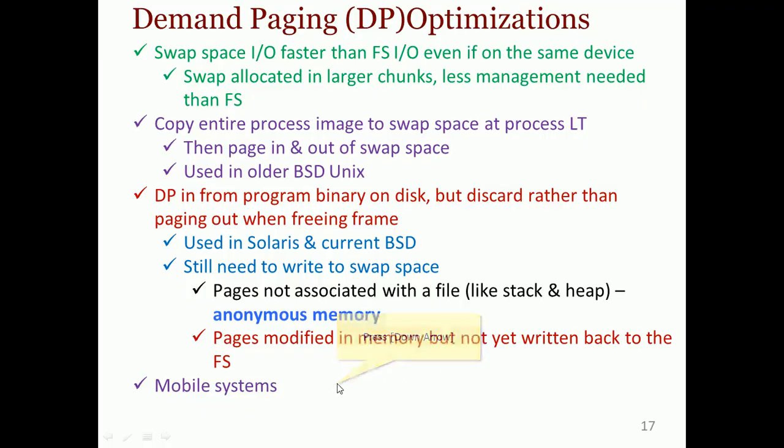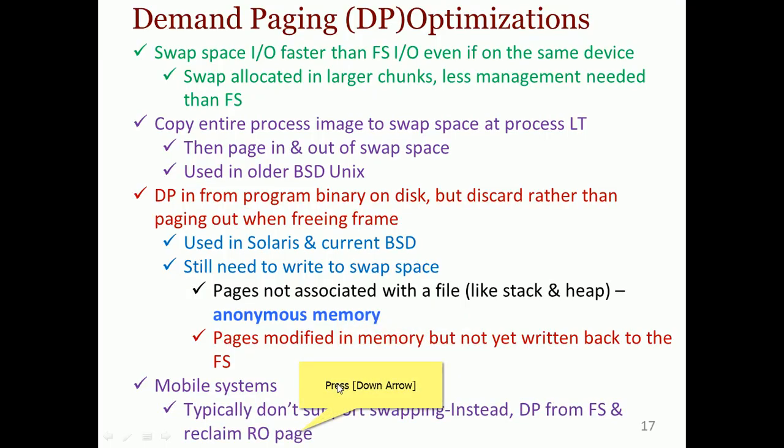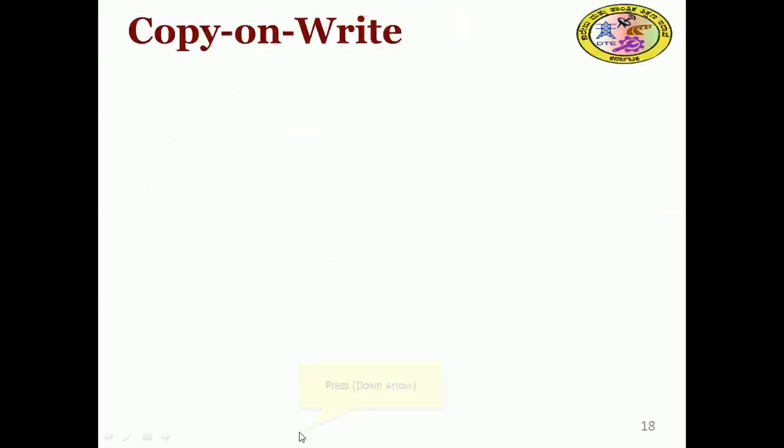Mobile systems typically don't support swapping; instead they demand page from the file system and reclaim read-only pages.